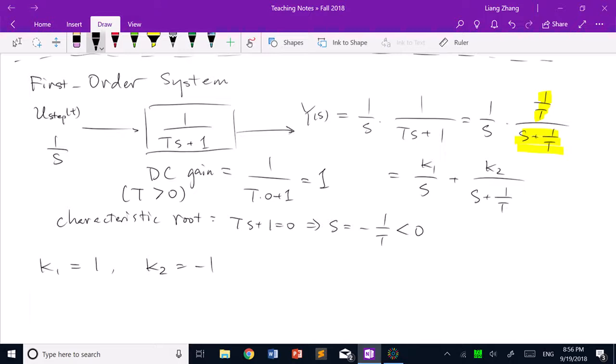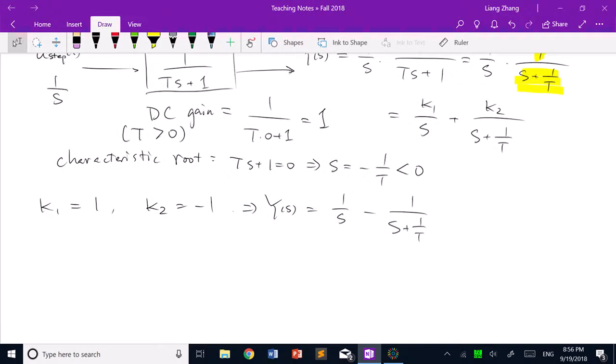If you put things together using the partial fraction, this will give me Y of s equal to 1 over s minus 1 over s plus 1 over T. So this is the Laplace transform in the frequency domain. If you want to convert this back into the time domain, we have y of t equal to 1 minus e to the negative t over capital T.